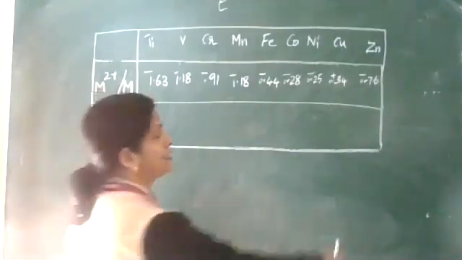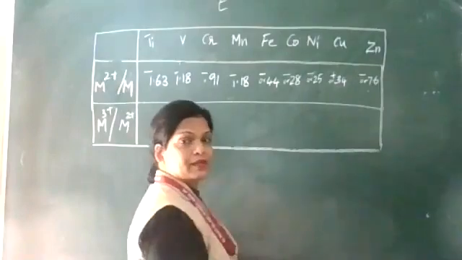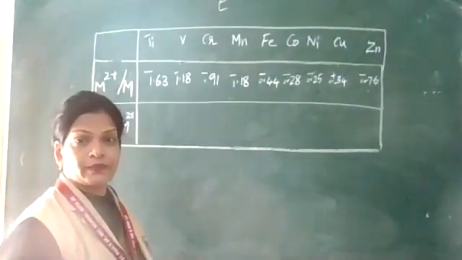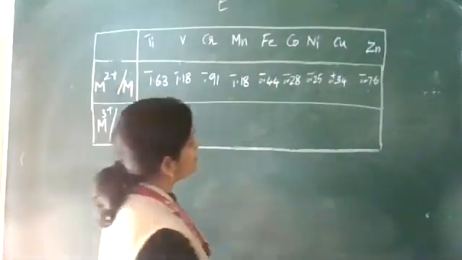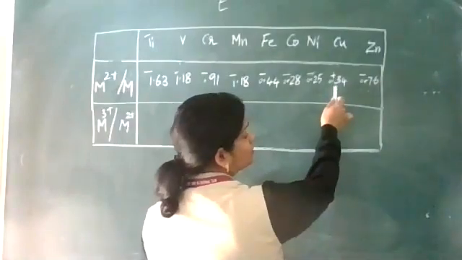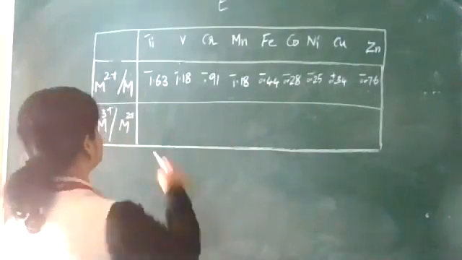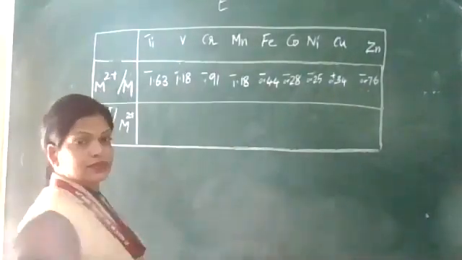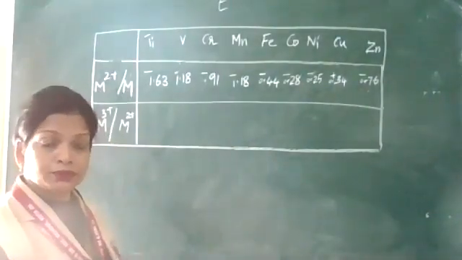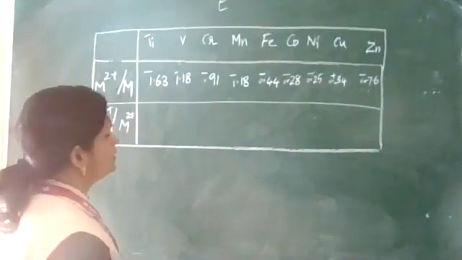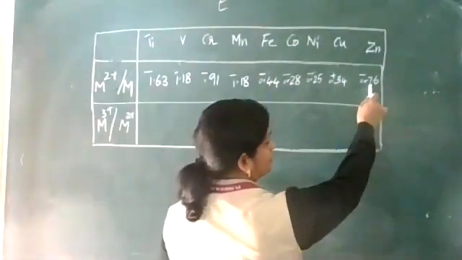Zinc releases 2 electrons; one zinc atom releases 2 electrons. Copper finds it difficult to release 2 electrons. This is M to M2+ in general. Zinc releases with a negative sign.